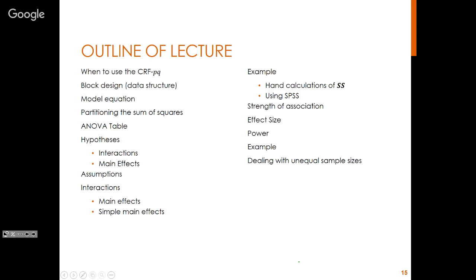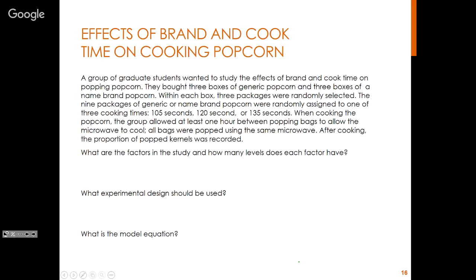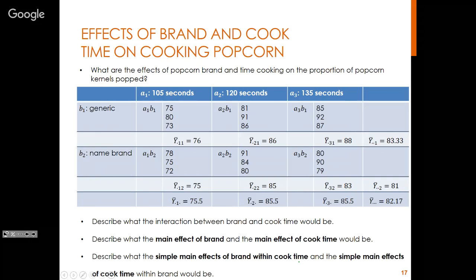Okay, so then we stepped into another example, and I showed you in SPSS. First one was the popcorn example where we had brand and cook time. So here, describe the interaction between brand and cook time.